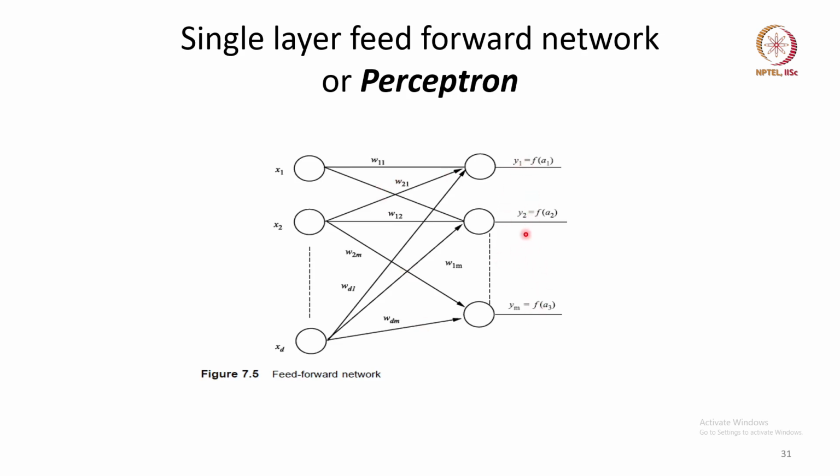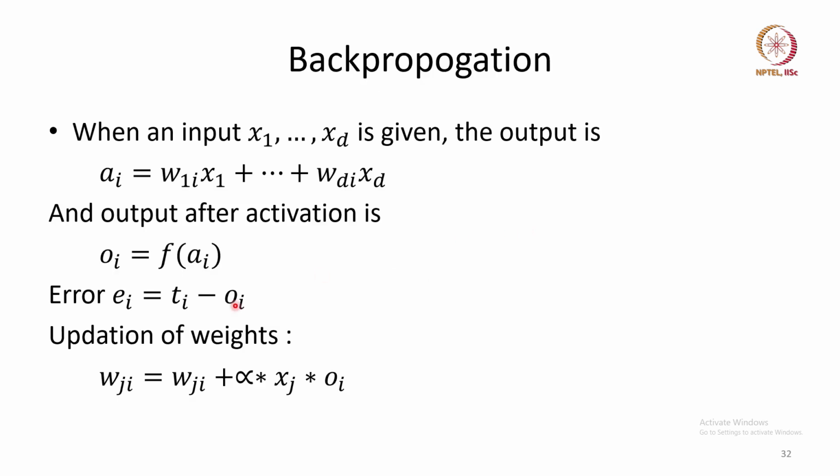This is how the updation is carried out. How is the updation done? Wji is equal to Wji plus alpha into xj into oi. This is how you change the weight. The weight is actually changed by a small amount. Alpha is called the learning factor, which will be some small value between 0 and 1.